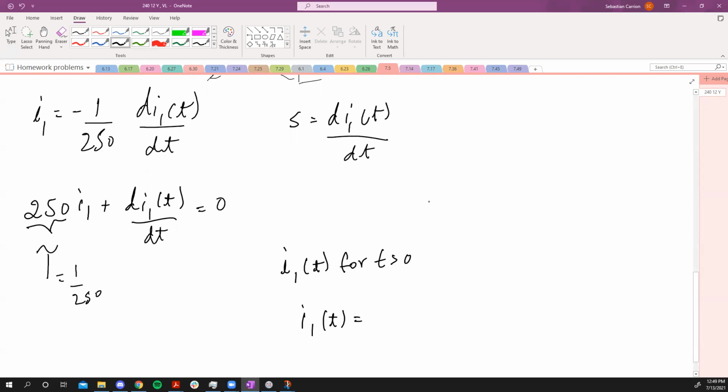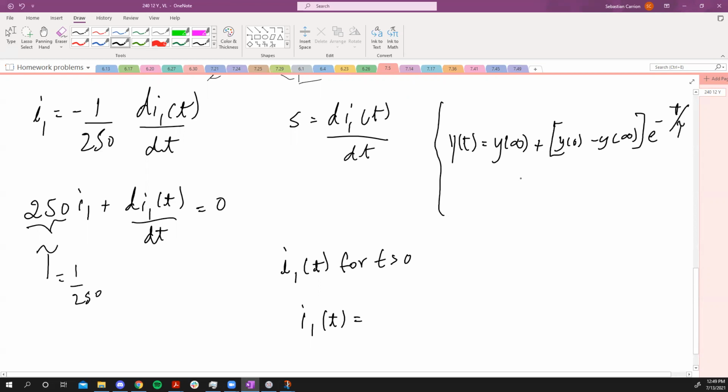We know our equation again looks like this. So I1t, our current at time infinity is going to be equal to 0 because the inductor is going to be drained since there is no independent source.